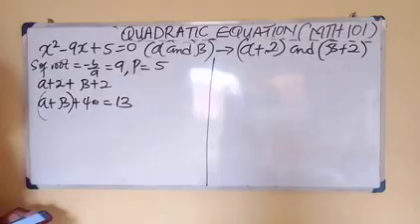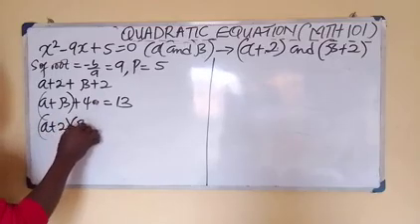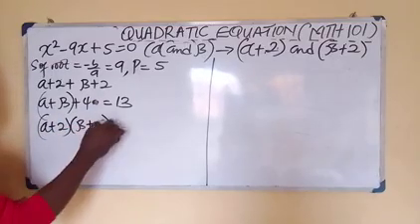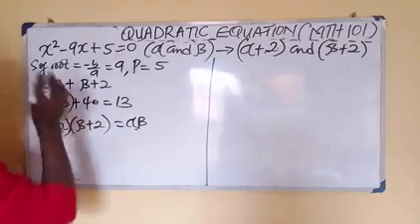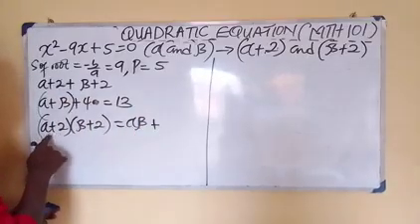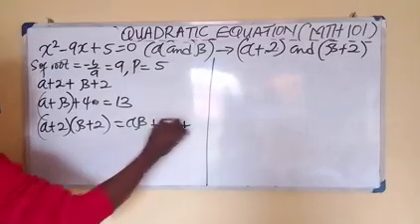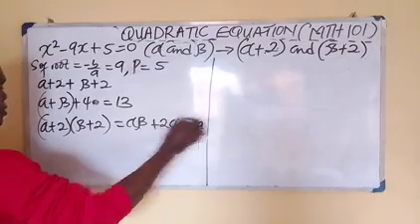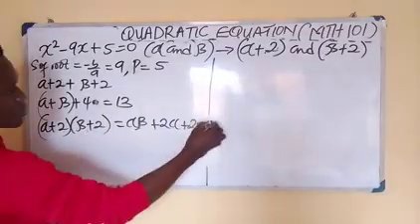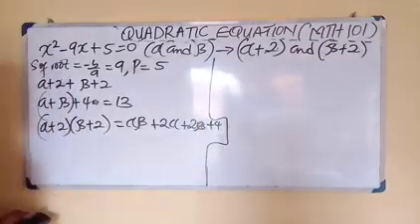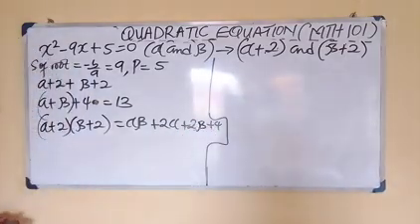Then the product becomes alpha plus 2, then beta plus what? 2. Alpha times beta, I have alpha beta, then plus alpha times this, I have 2 alpha plus 2 beta, then plus 4, right? Plus 4. So what should I do next?